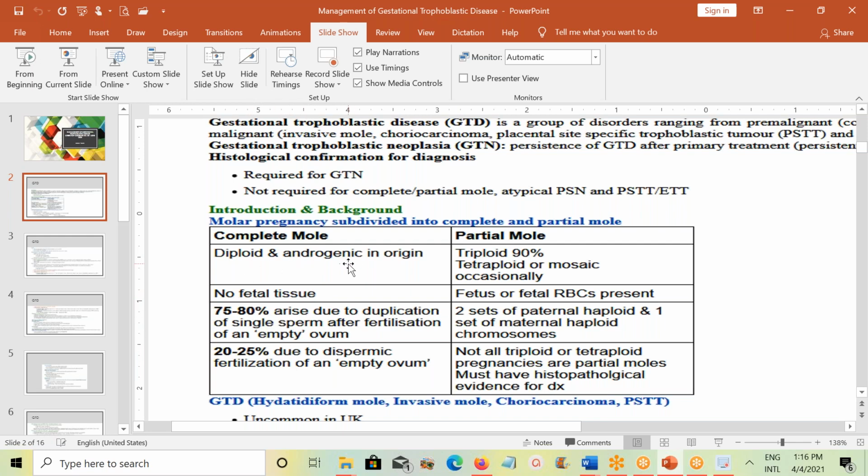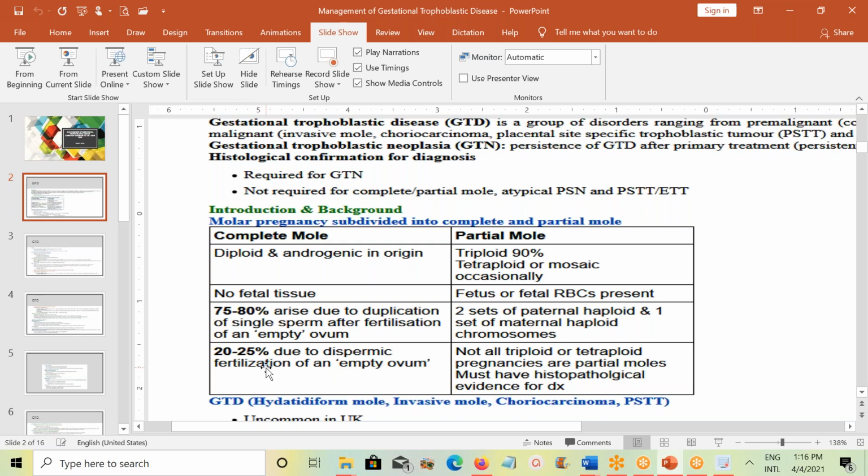It is androgenic because the mother's egg was empty. That is totally androgenic, of paternal origin. That is the point, and these are all SBAs. 75 to 80% are due to the duplication of a single sperm after fertilization of an empty ovum, and then 20 to 25%.